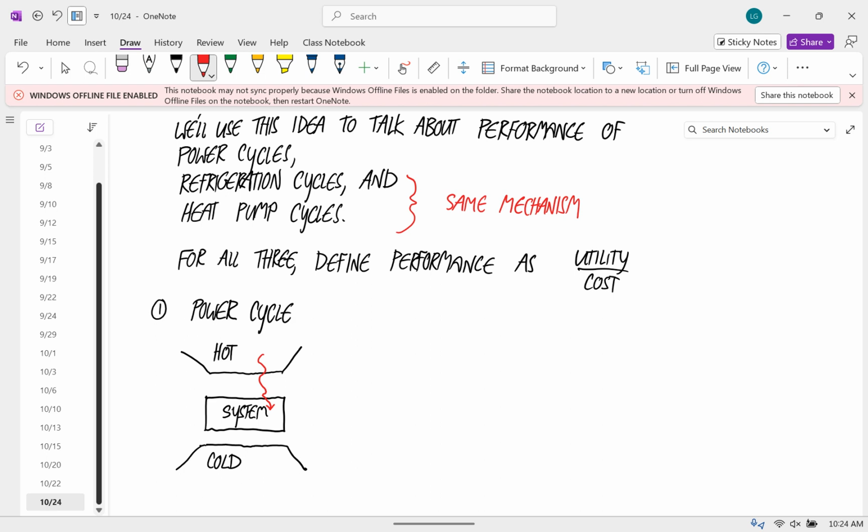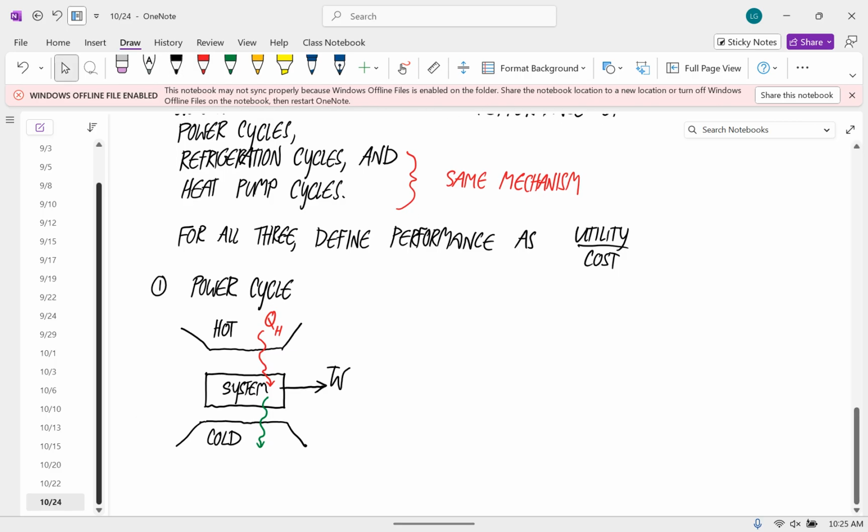And from the hot reservoir, QH, heat gets added to the system. The Kelvin-Planck statement says that, okay, so we're putting in heat. We're outputting power. This is what we want. That's our goal. But the Kelvin-Planck statement says you can't only do those two things.